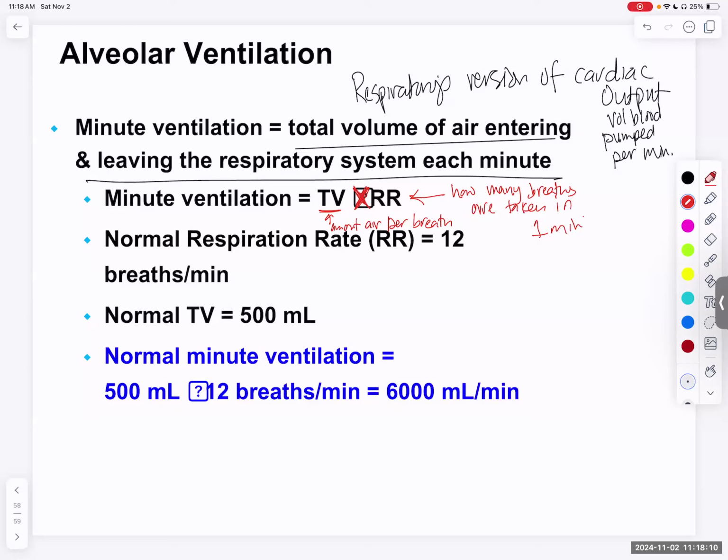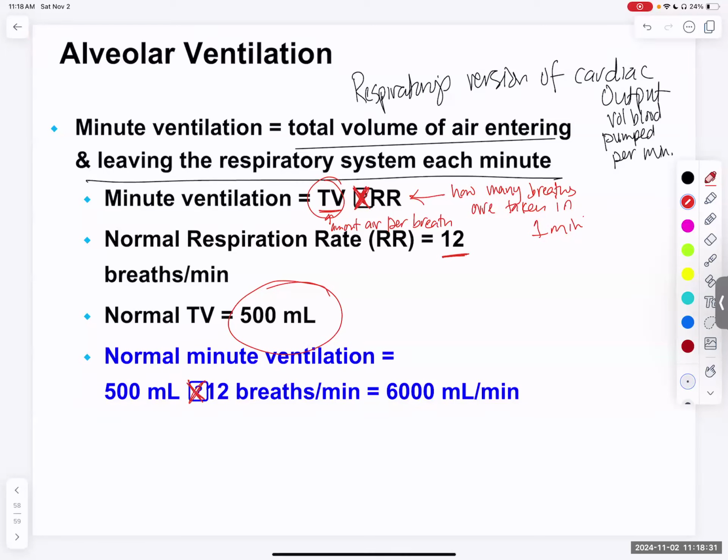So like cardiac output, it's 1 minute. And instead of stroke volume, it's tidal volume. So instead of the amount of blood being pumped out of the ventricle, it's the amount of air being moved per breath. Most people breathe about 12 times per minute. The average tidal volume is 500 mLs.